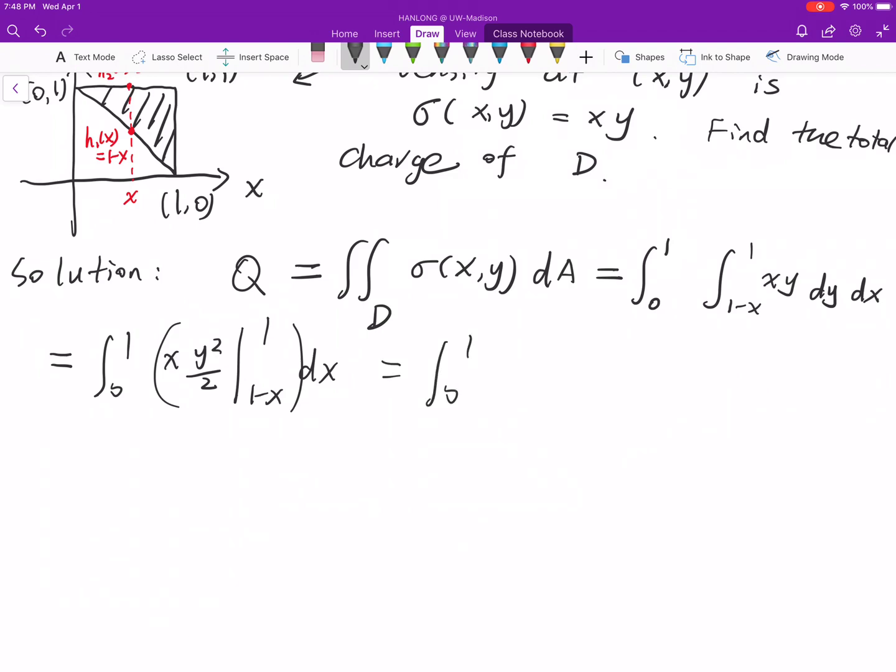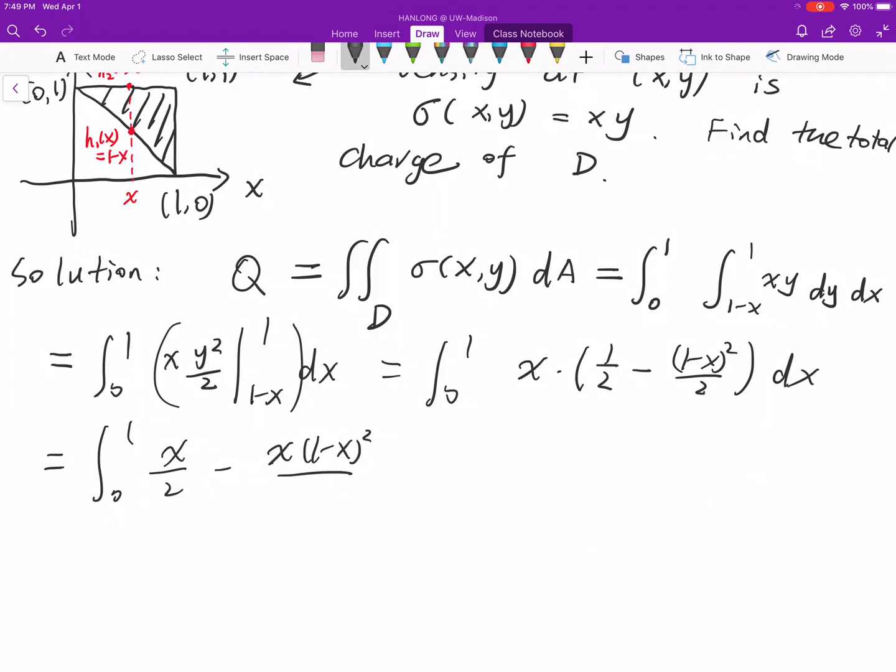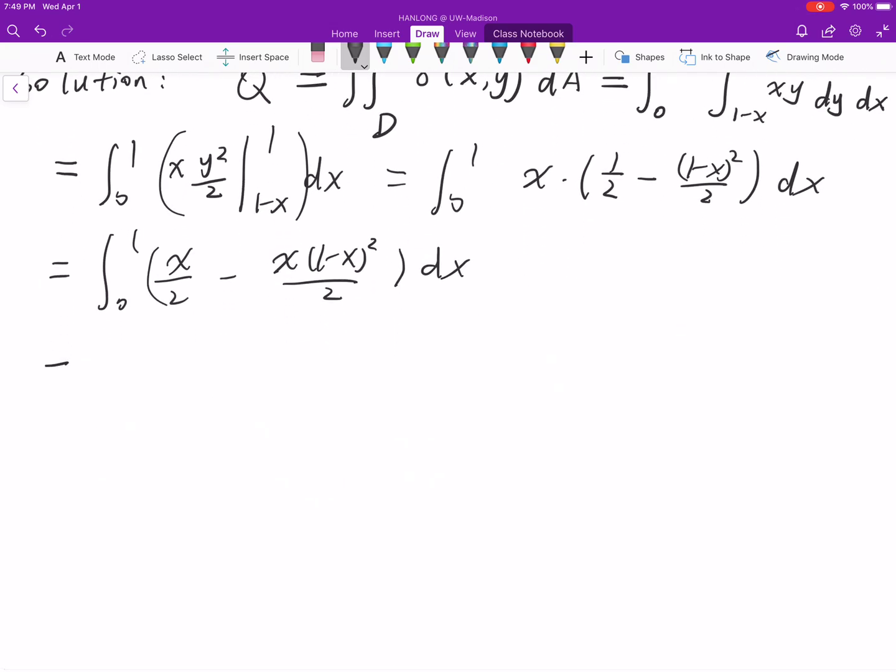and it's the integral from 0 to 1 of x times (1/2 minus (1 minus x) squared over 2) dx, and then you have the integral from 0 to 1 of x over 2 minus x (1 minus x) squared over 2 dx. We calculate the second item.